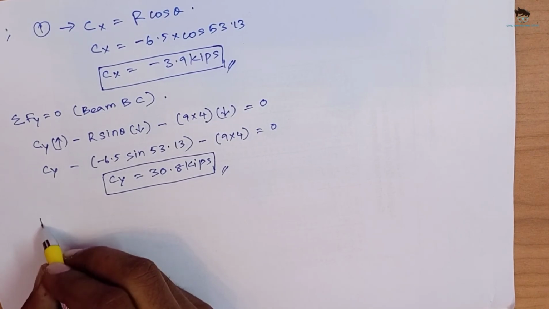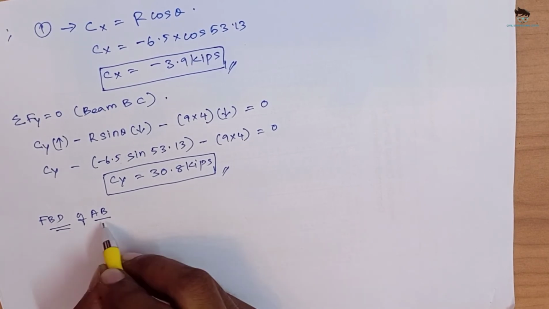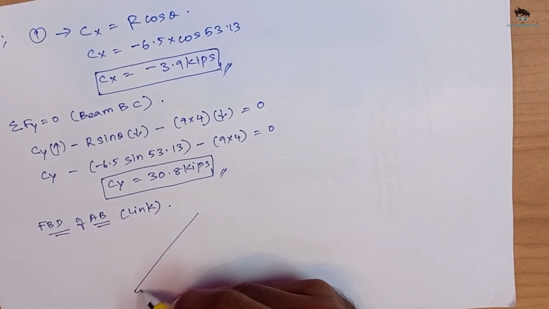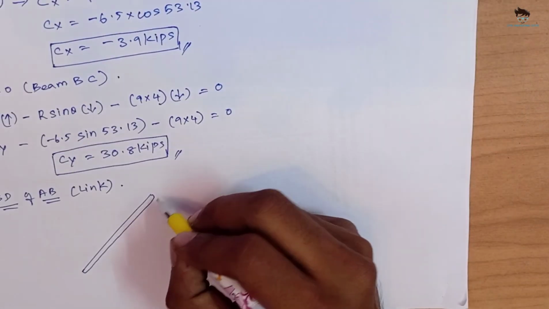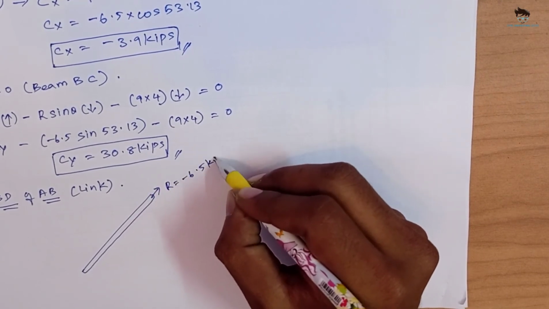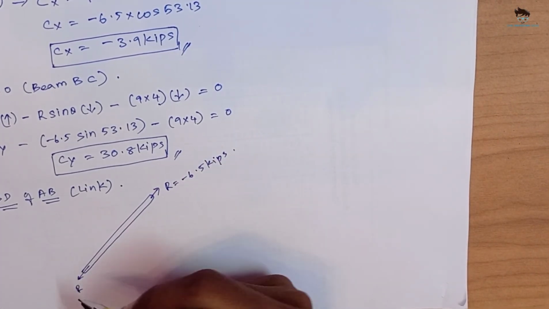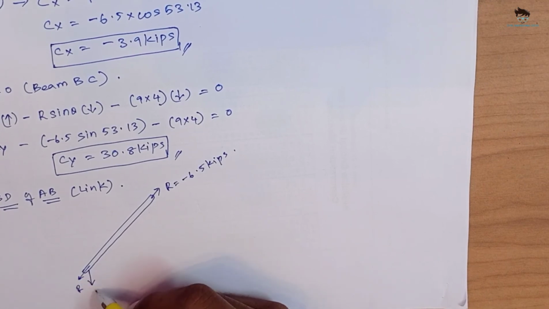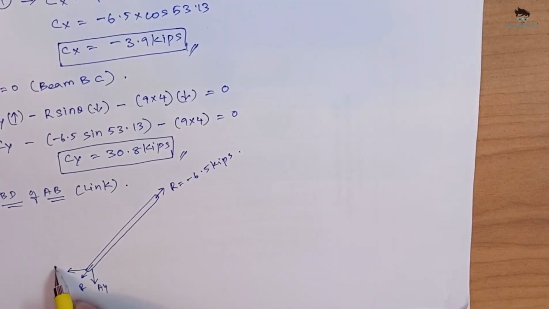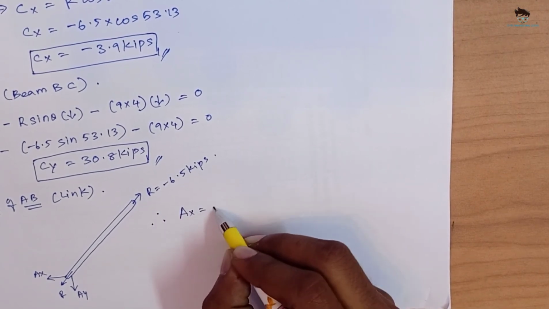Next, we will use the free body diagram of the link AB, to find the reactions on the simple support at A. While drawing the free body diagram, substitute the value for resultant force R. And, we already know that Ax is equal to R cos theta.